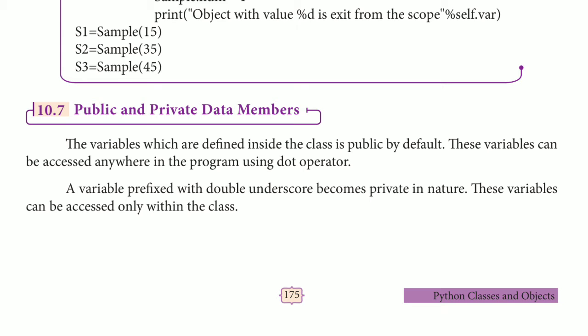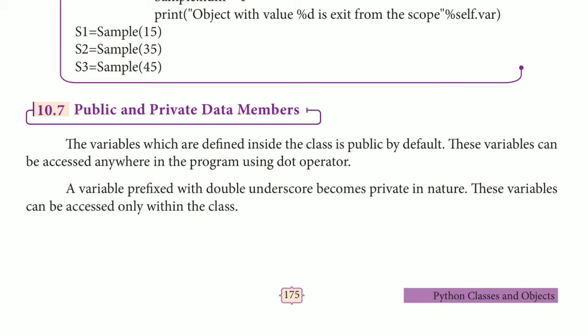Next, the variable prefixed with a double underscore becomes private in nature. These variables can be accessed only within the class.